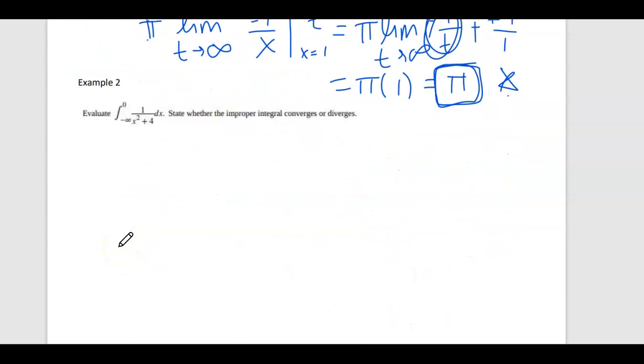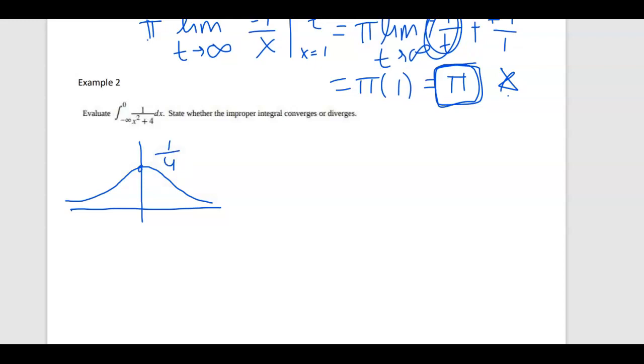All right, let's look at example number 2. I want to evaluate the integral from negative infinity to 0 of 1 over x squared plus 4. Does this improper integral converge or diverge? The function 1 over x squared plus 4 looks like this, where at 0, I'm at 1/4.